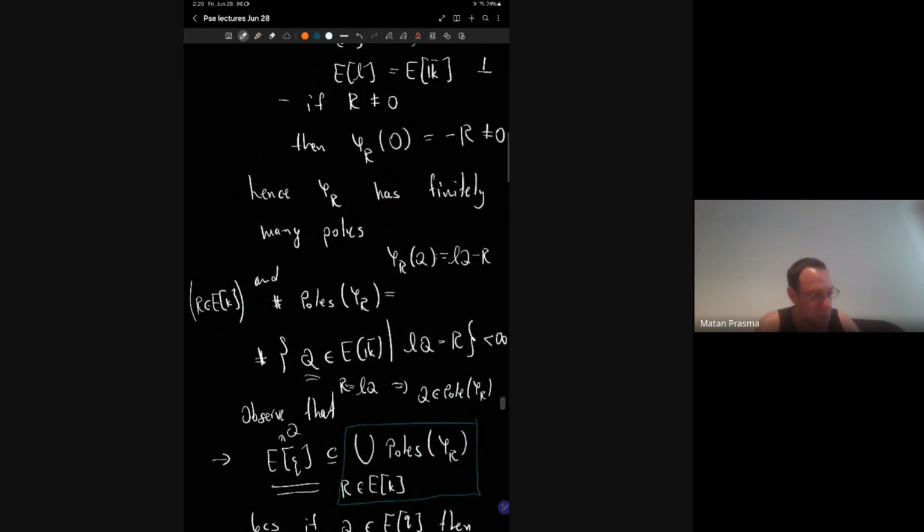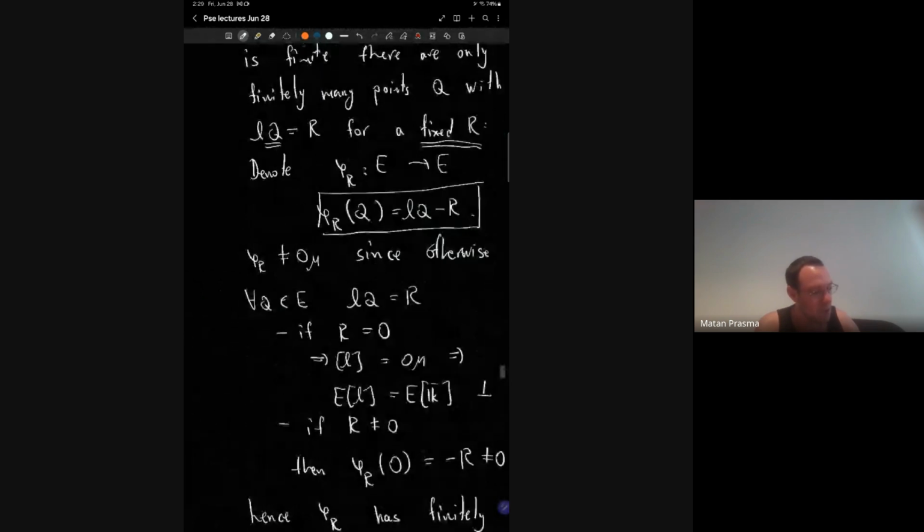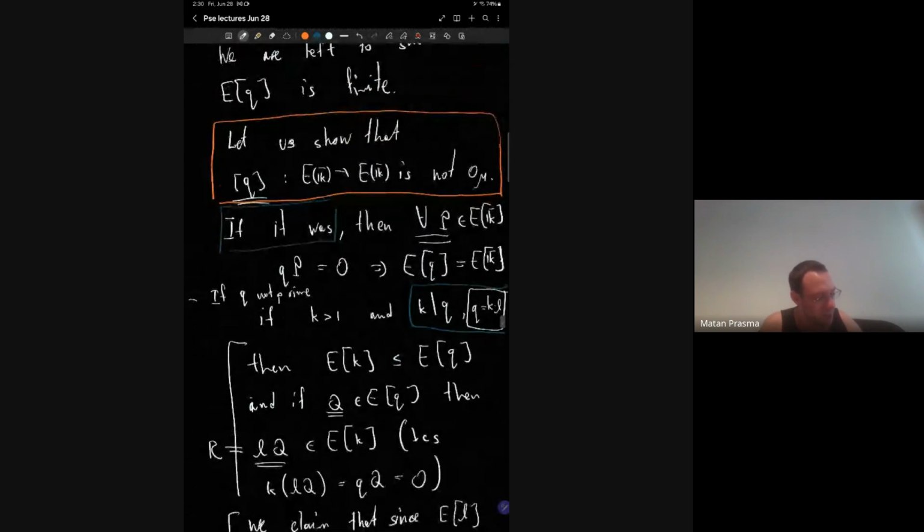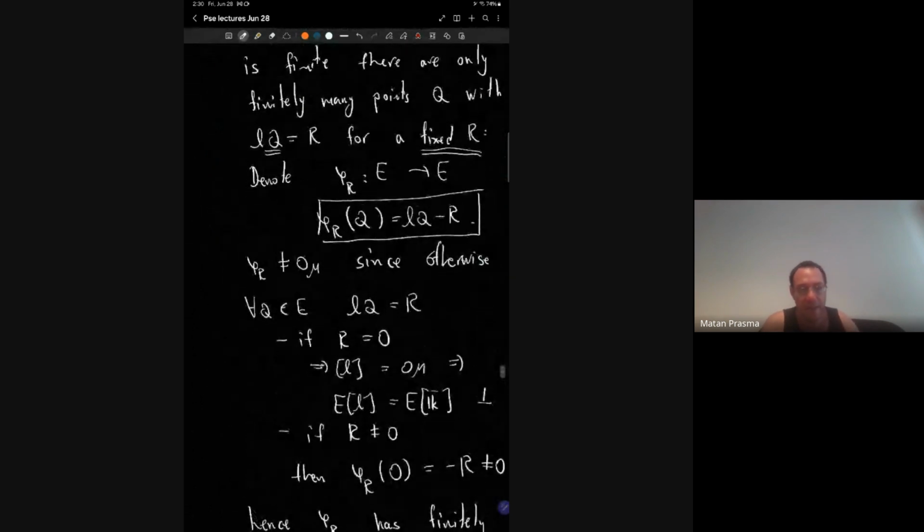Which of course gives us a contradiction, because we assumed that the bracket Q was the zero map, meaning that EQ is equal to the whole of EK bar. Okay? I should say here, I should write round brackets. Okay, so yeah, go on.